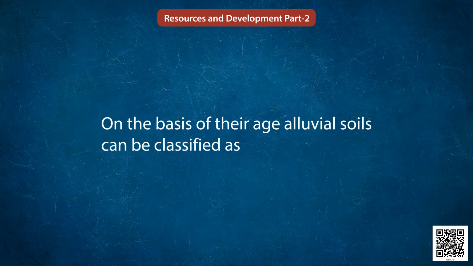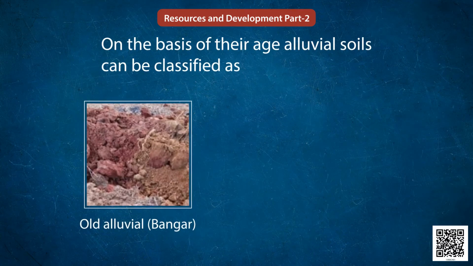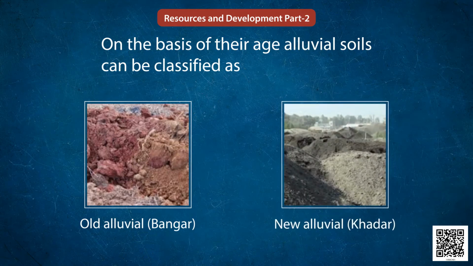On the basis of their age, alluvial soils can be classified as old alluvial, which is called Bangar, and new alluvial, which is called Khadar. The Bangar soil has a higher concentration of kankar nodules than the Khadar. Khadar has more fine particles and is more fertile than the Bangar soil.